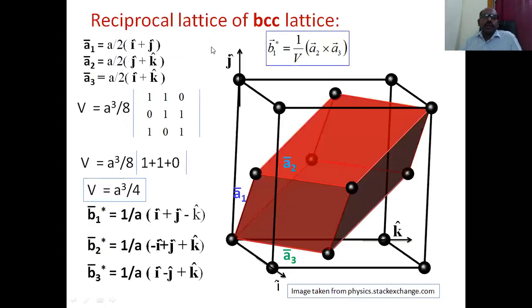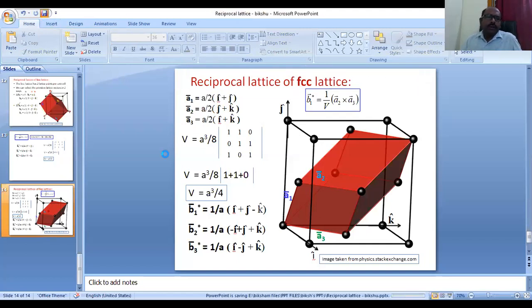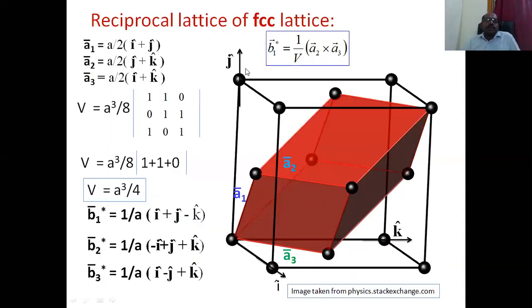Now here we are seeing our face-centered cubic lattice, the FCC unit cell.